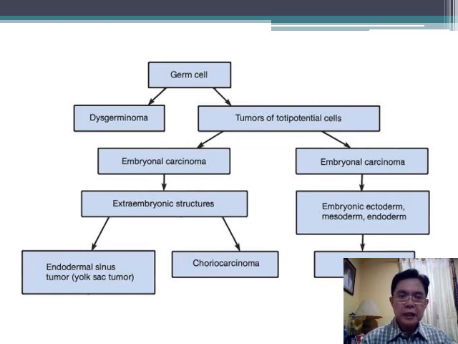The major types are dysgerminoma, tumors coming from totipotential cells. From these cells come embryonal carcinomas, choriocarcinomas, endodermal sinus tumors, or those coming from the ectoderm, immature teratomas. So these are the different germ cell tumors.